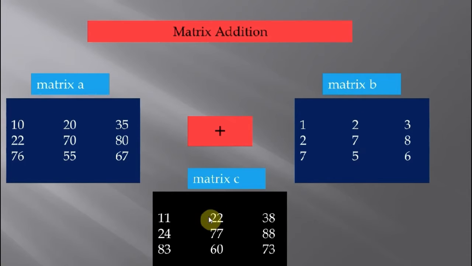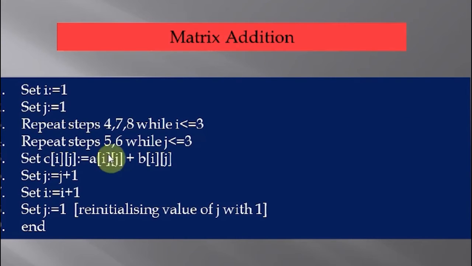So let me take you to the algorithm. This is the algorithm that I have built. As you are already familiar with C and have written programs related to 2D arrays, you must know that when we traverse the elements of a 2D array, we apply nested loops.